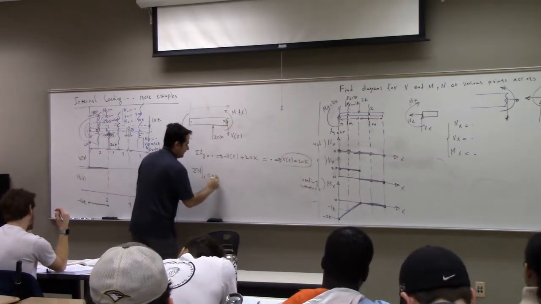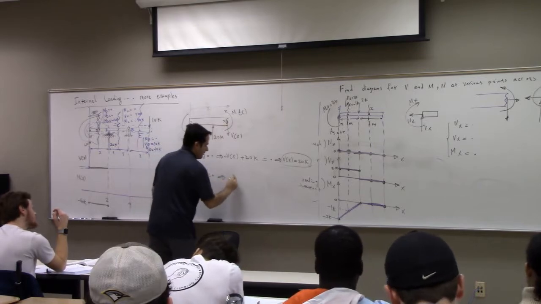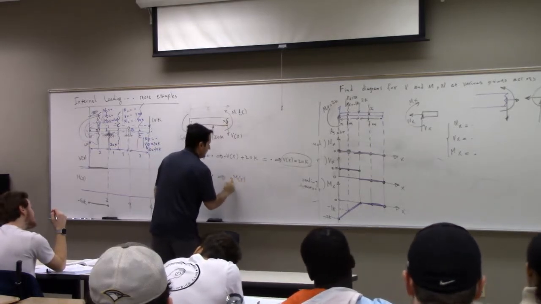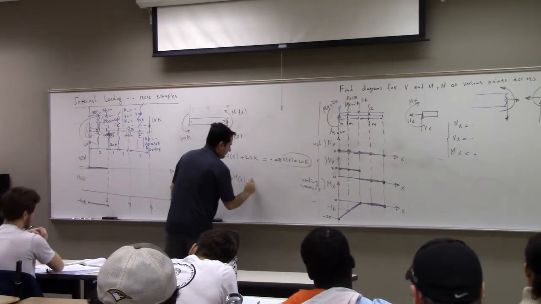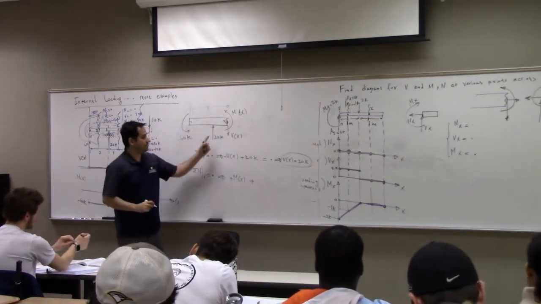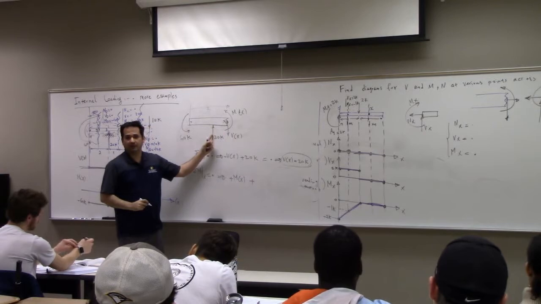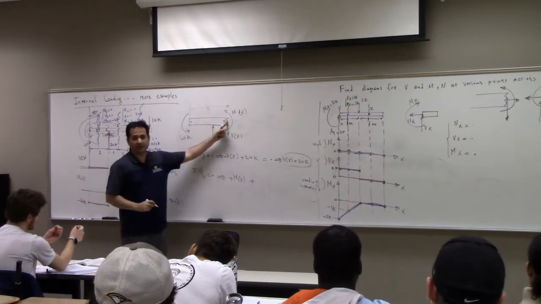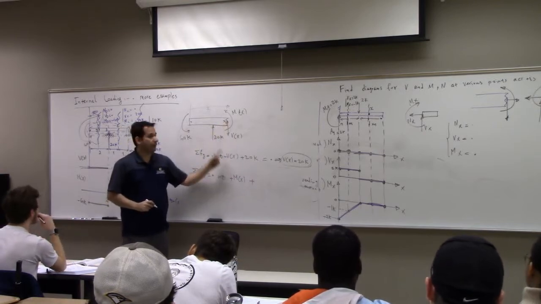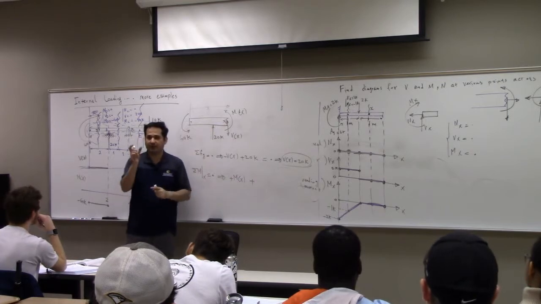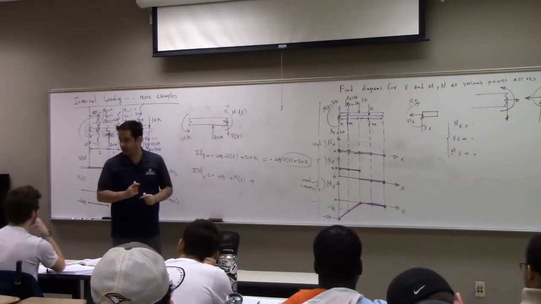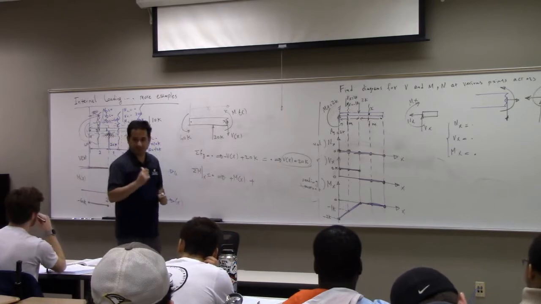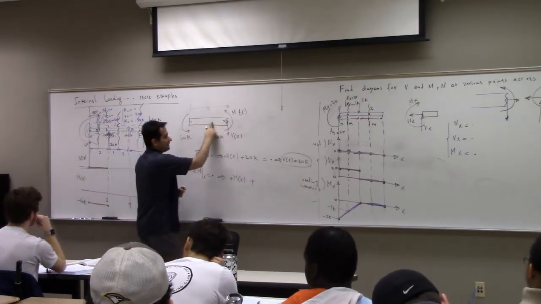is equal to 0. Then you say positive mx, nothing comes from this guy, then plus, I want to compute the moment of this force with respect to point x. Force times moment arm. What's the value of moment arm? X1, who said that? Thank you. From here to here, right?